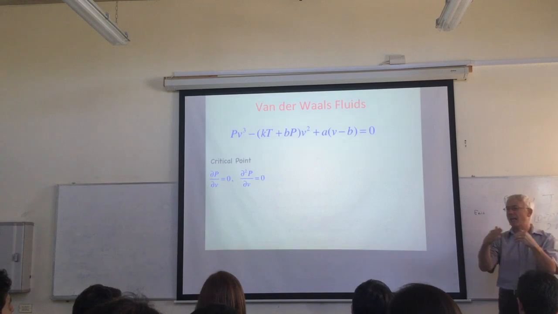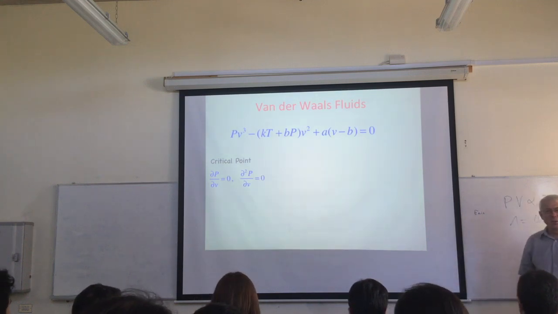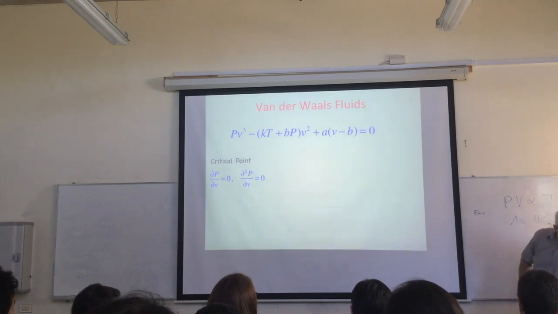And A takes account in a crude way of the fact that the gas molecules can attract each other or interact with each other. So if you rewrite the standard Van der Waals equation out, this is what you get.